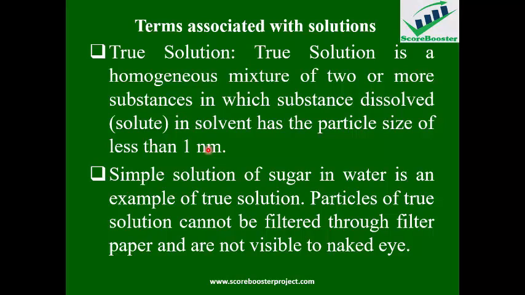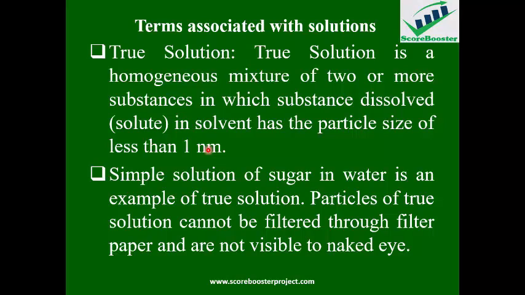True solution is just a homogeneous mixture, as we have said. A solution must be homogeneously mixed. Homogeneous mixture means anywhere you take a sample, it is going to be a representative fraction of the other.